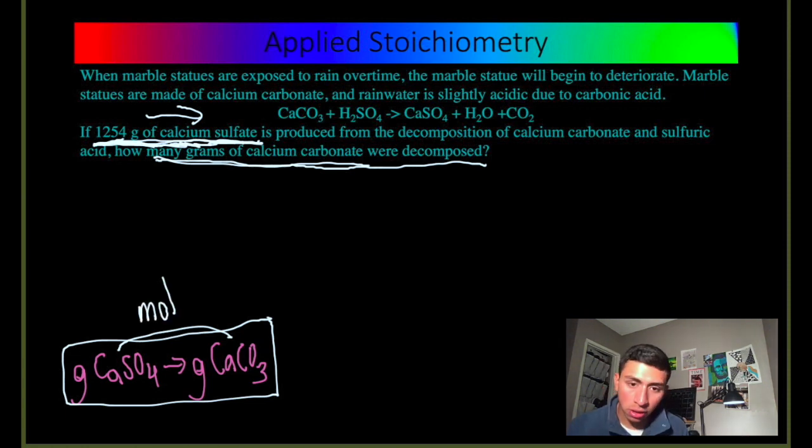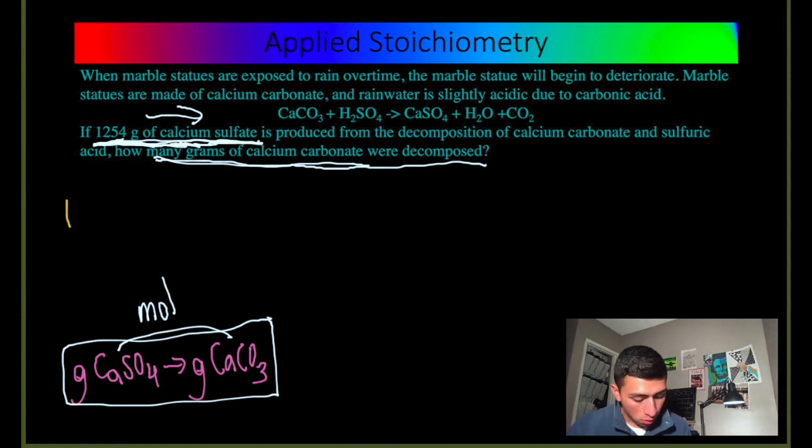Hence, we must go through moles. So we're going to have to convert from grams of calcium sulfate to moles of calcium sulfate, from moles of calcium sulfate to moles of calcium carbonate, and so on and so forth. This is how this problem setup should look.